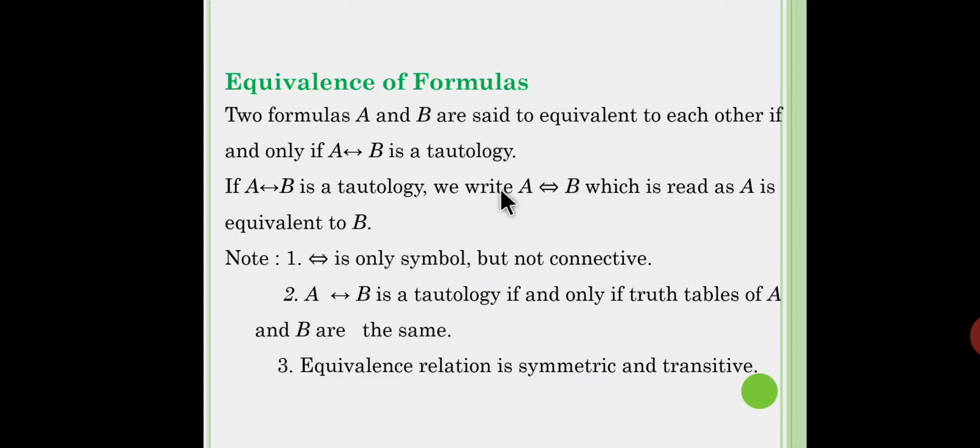We denote the equivalence relation like this. We write A ⇔ B, which is read as A is equivalent to B. This is only a symbol but not a connective. A ⇔ B is a tautology if and only if the truth values of A and B are the same. So the equivalence relation is symmetric and transitive.